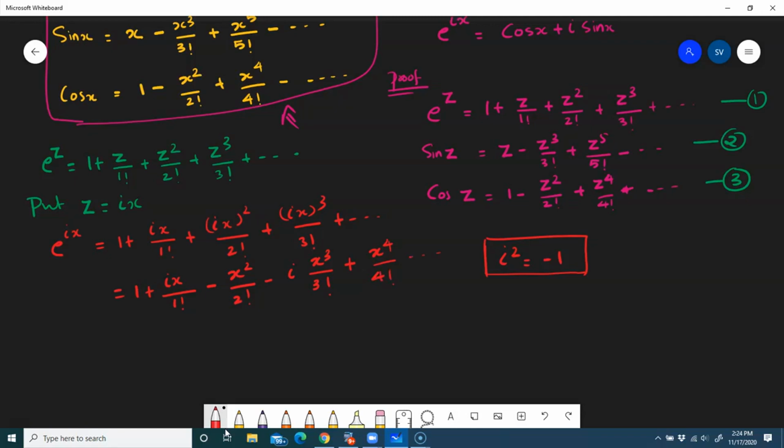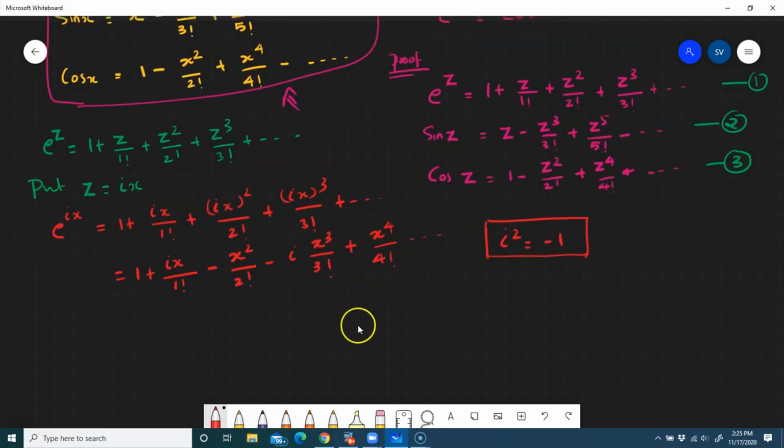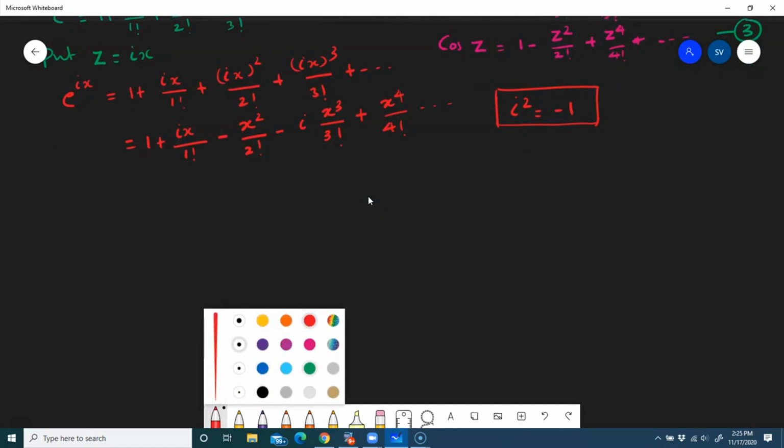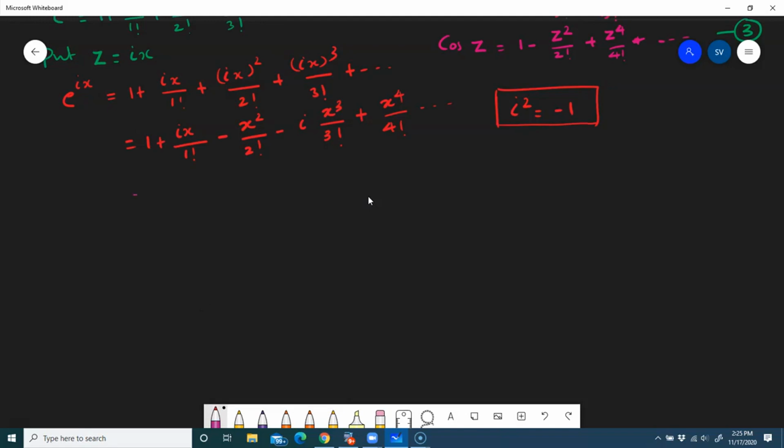If you combine the real part and imaginary part of this expression, what will be the result? That will be 1, and here we have real parts: 1 minus x square by 2 factorial plus x to the power 4 by 4 factorial, minus, and the alternate sign difference will continue.